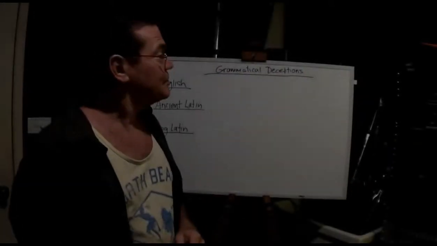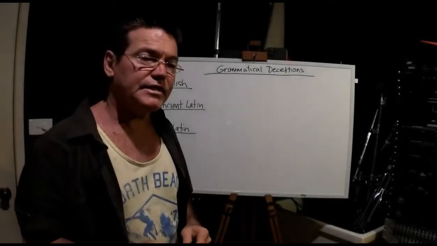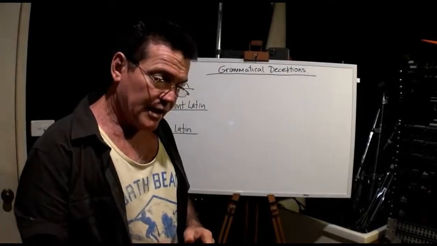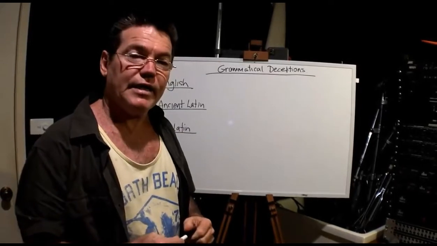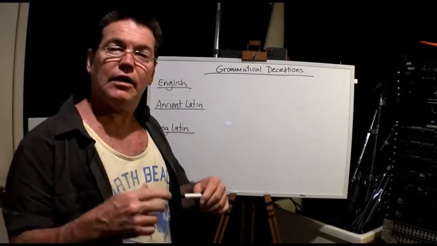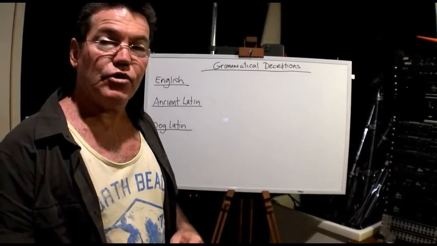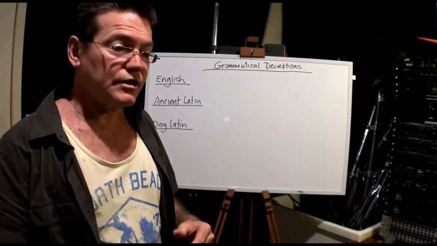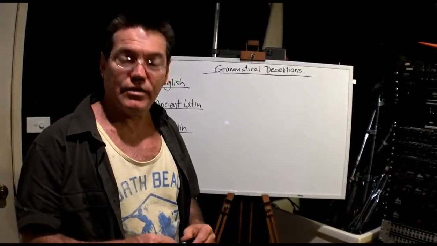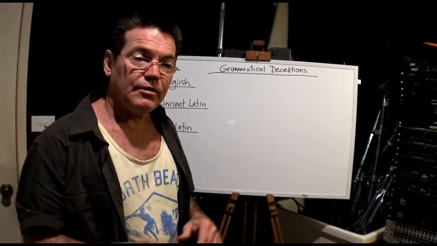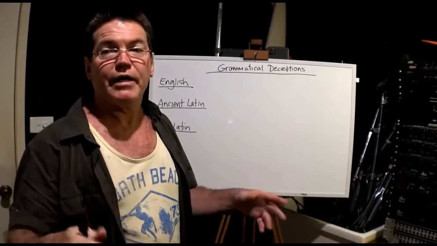Grammatical deceptions. In 1966, we lost the pound and converted it into dollars. The pound was a weighted note on silver, equivalent to 1 pound of silver.